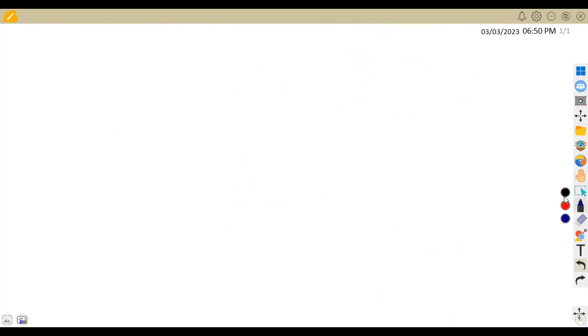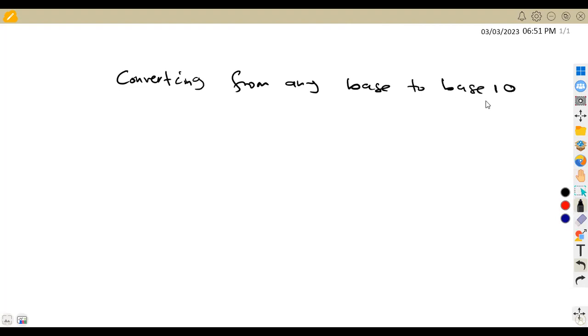All right, sorry. So now we are going to convert from any base to base of 10. Are we seeing what we have now? Any base, meaning say we are talking of base 2, base 3, any.